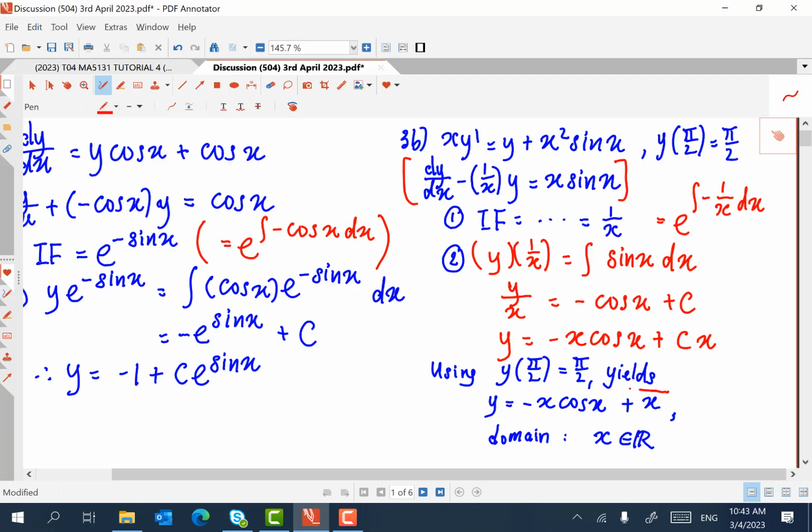You want to verify that this is truly a solution to this equation. You can verify it quite easily, and this solution requires no restrictions on x. Any value of x will work. In the original DE, there's no restriction on x as well, so it's okay.